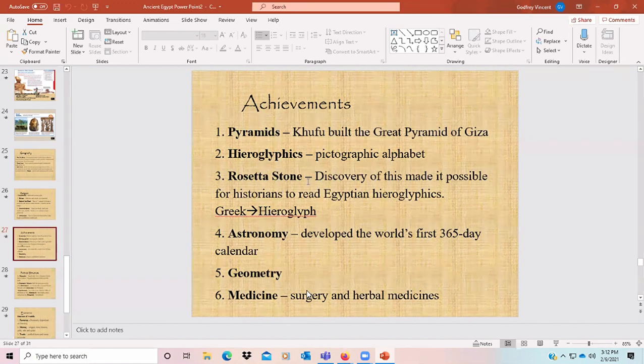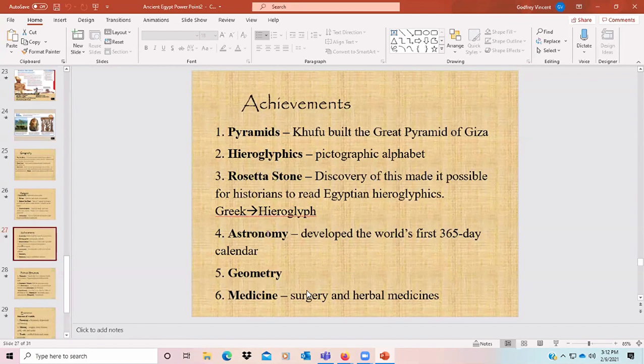The Rosetta Stone made it possible for historians to read Egyptian hieroglyphics because it was written also in Greek and hieroglyph. So the Egyptians were very educated people. If this Rosetta Stone was not found, we would not have known many things we know today of ancient Egypt.